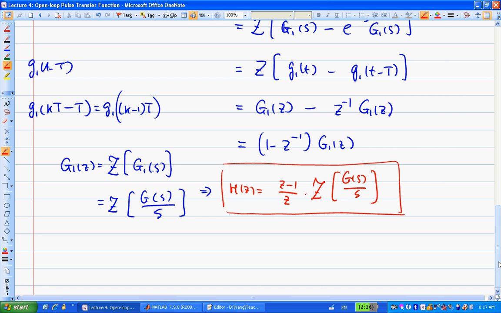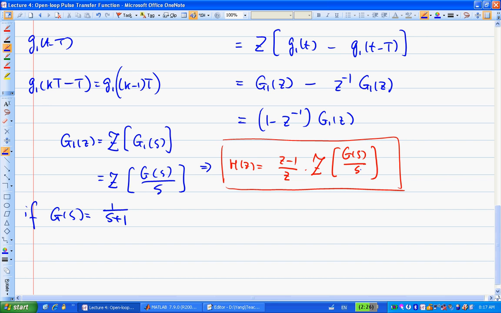So, do I have one example here? Yes, we do have one example. If G of S equals 1 over (S plus 1), let's see what H of Z will be.